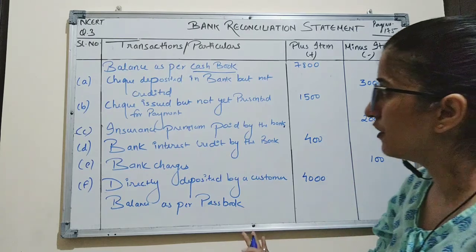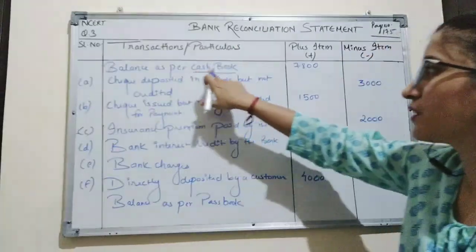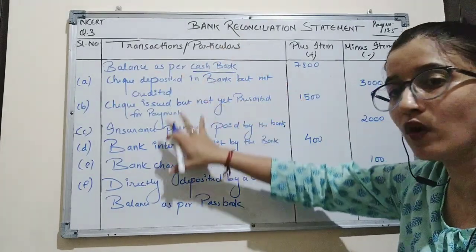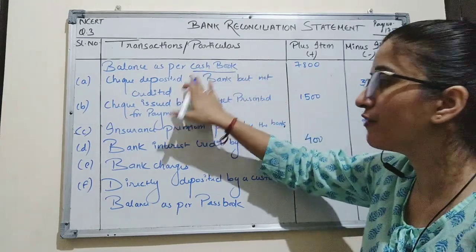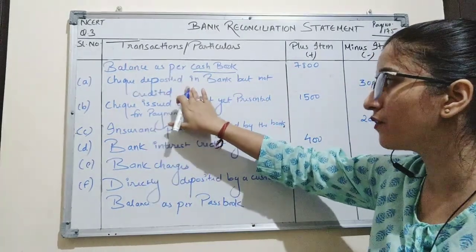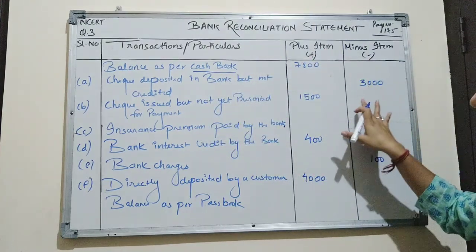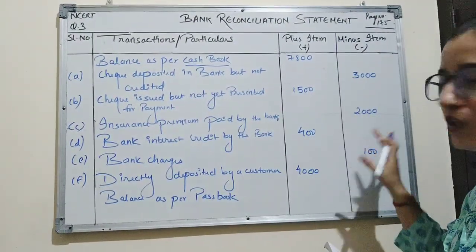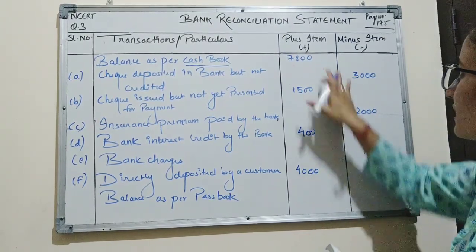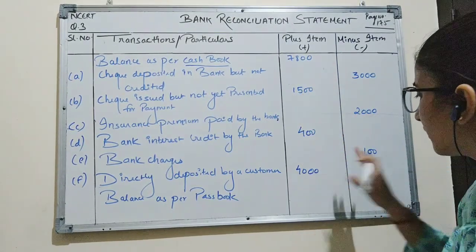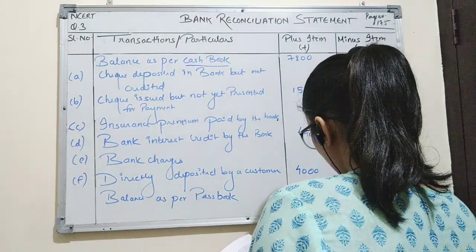Here is how you have to record the amount to reconcile the statement. Now in the first, we have to record the balance as per cash book. Balance as per cash book means we will record all the transactions from the perspective of the cash book. If in the cash book there is an increased balance, to reconcile that we have to decrease that balance. So now we will add both the columns and we will see which column is having a greater value. So we can see plus column is having a greater value of rupees 13,700.